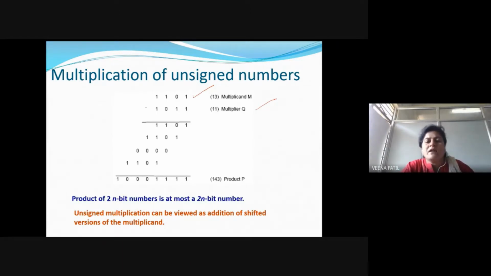Let's take decimal 13 into 11. I will multiply digit by digit. I will multiply 1 with 3 and write it here, then multiply 1 with 1 and write it here.